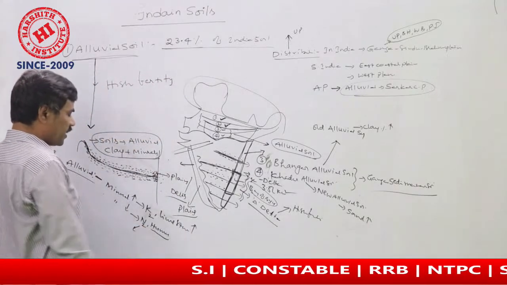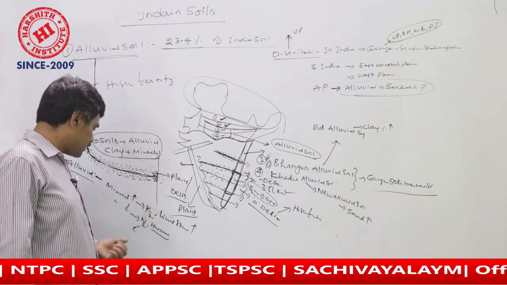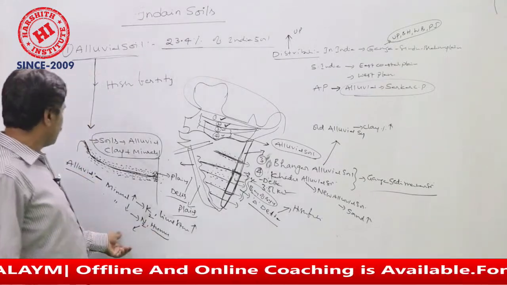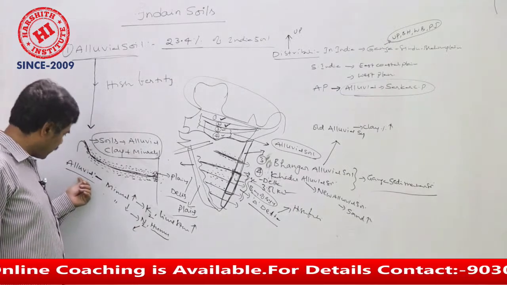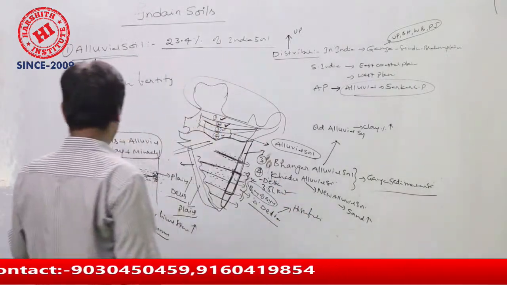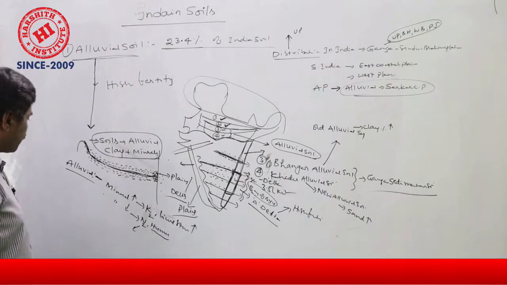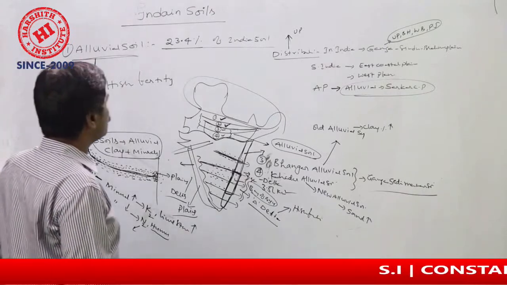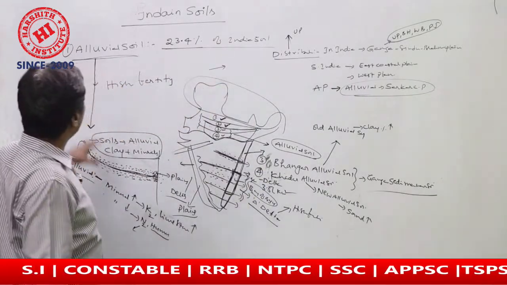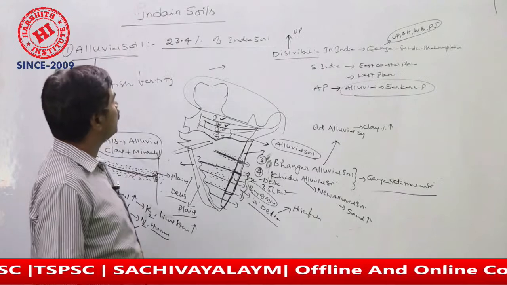Nitrogen fertilizer is very essential if we want to get more production in alluvial soil. This alluvial soil has very low nitrogen fertility. That's why, if we want more crop productivity, nitrogen fertilizer must be used, and it is also important for the quantity and quality of the crops.